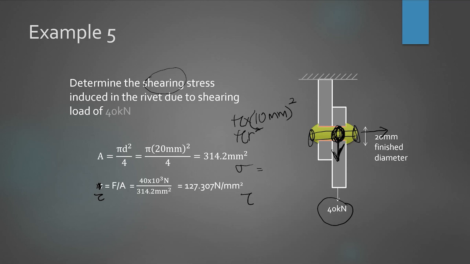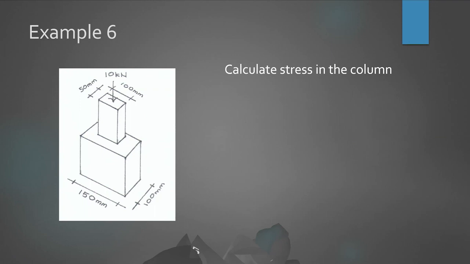We look at the next example, example 6. Here we need to calculate the stress in the column. When it says in the column, you don't need to care about the self weight.